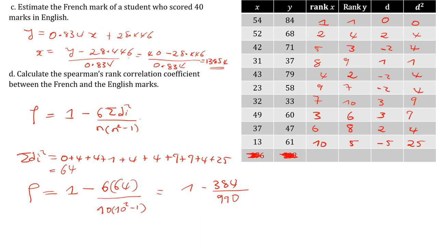So the final result will be 384 divided by 990, which is equal to 0.612 to 3 decimal places.